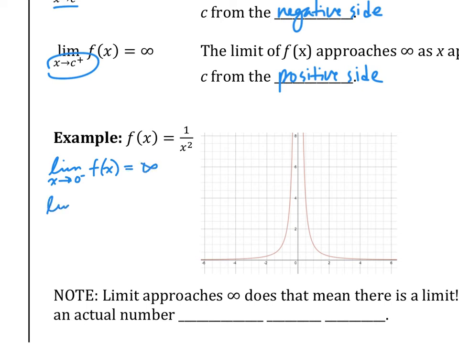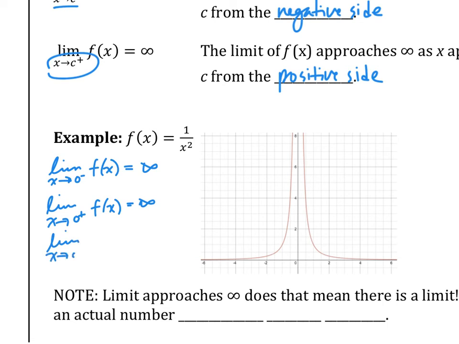And same thing here, as x goes to 0 from the positive side, where is y going to? Coming from the right-hand side, y goes straight up again. So this is going to be infinity. Let's try to bring in what we just learned from the previous problem.